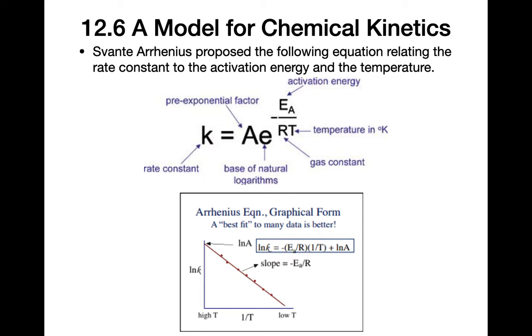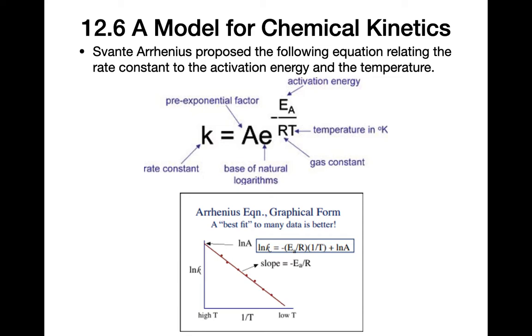He said that the rate constant was some pre-exponential factor A, which is related to the frequency of collisions that have the right orientation, and then e, Euler's number, the base of the natural log, raised to the power of negative activation energy over R times the temperature in Kelvin, R being the gas constant. So in this formula, you see the relationship between the rate constant and activation energy and temperature.